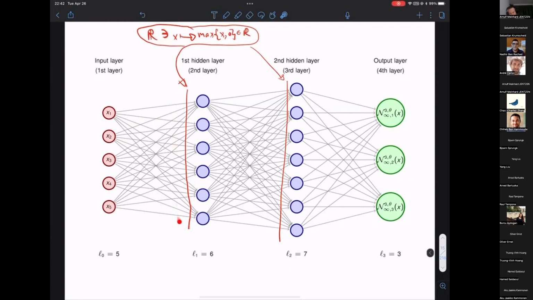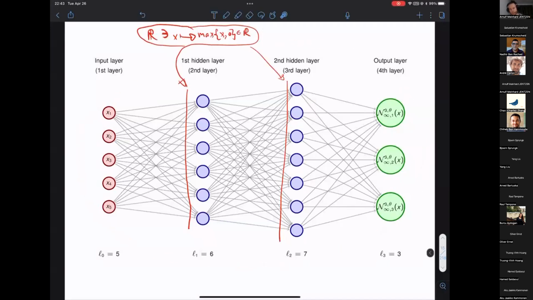This is then applied to each component of this 6-dimensional vector, and of this 7-dimensional vector. That's called the rectifier function. There are also other frequently employed activation functions, but the multidimensional rectifier is maybe the most popular choice in numerical simulations. Roughly speaking, this is an artificial neural network.